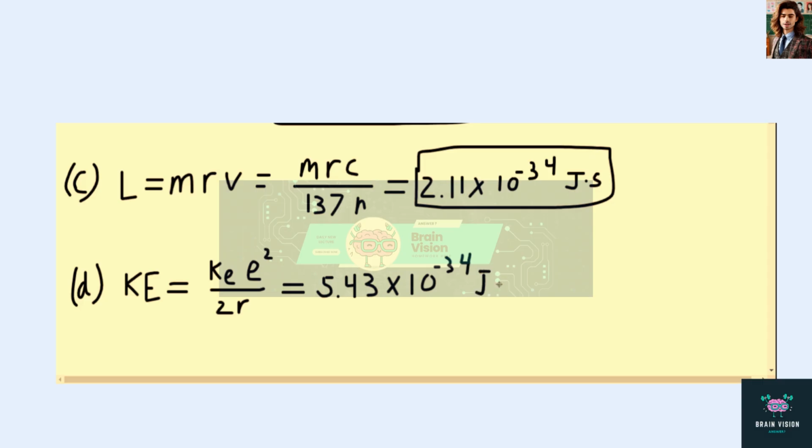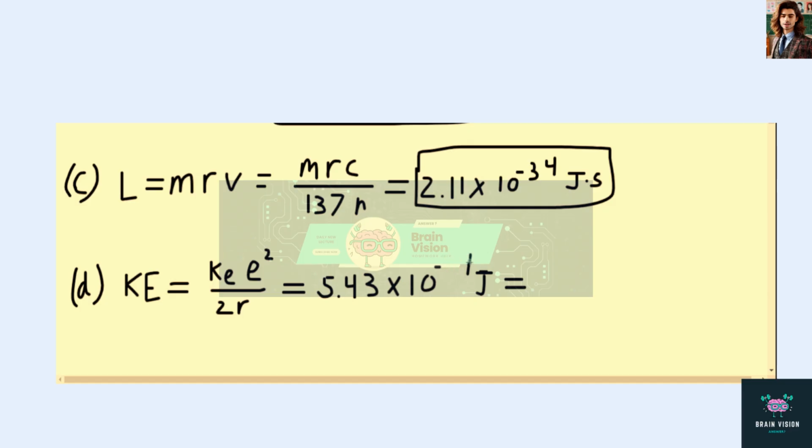It's much more convenient and intuitive to write this in units of electron volts, so we can convert joules, or sorry, not joule seconds, it's just joules, because we're dealing with energy. It's more intuitive to deal with energy, especially when talking about electrons, in units of electron volts. So we convert joules to electron volts by dividing by 1.6 times 10 to the minus 19. Oh, I'm sorry, I did make one more mistake.